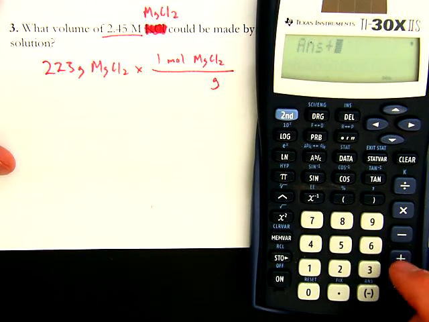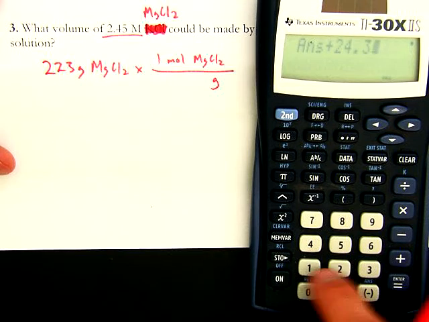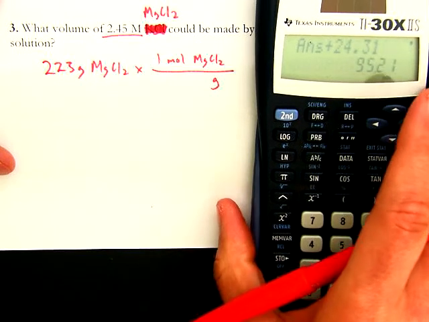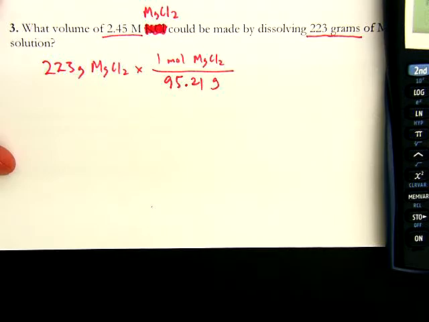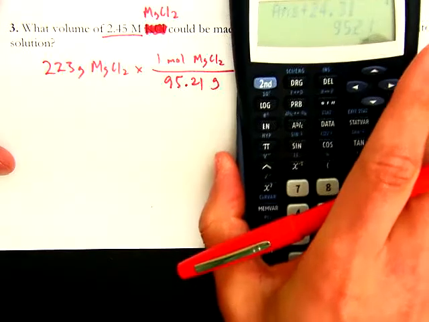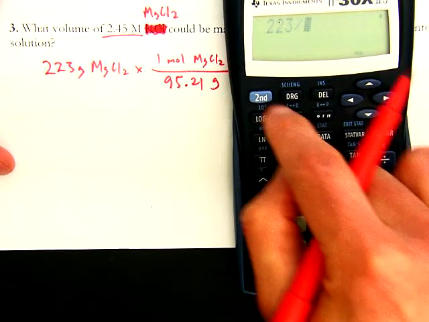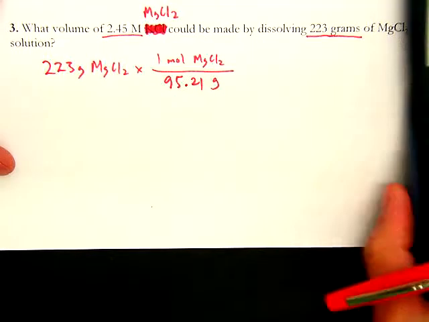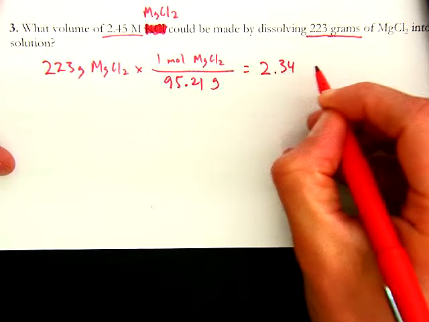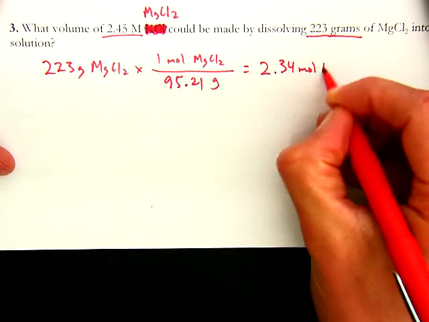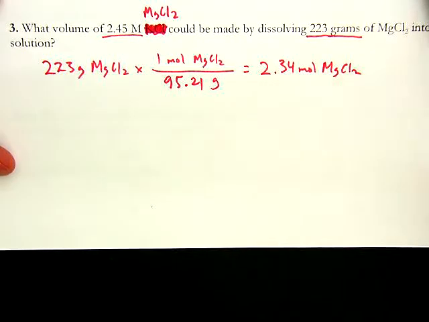And then magnesium is 24.31. So our molar mass is 95.21 grams per mole. If we take 223 and we divide it by that number, we get 2.34 moles of MgCl2.